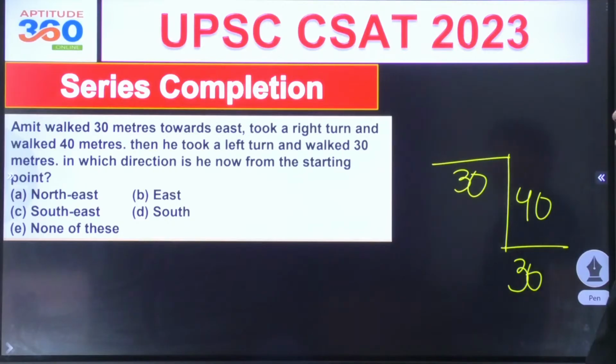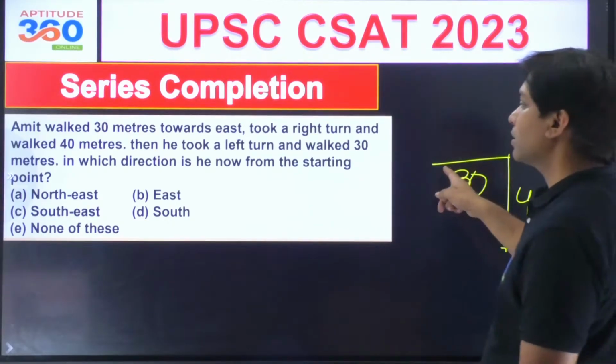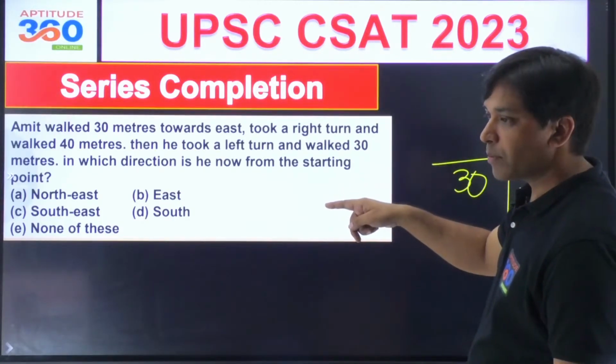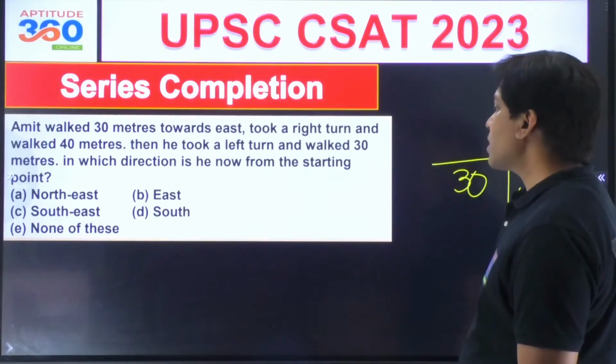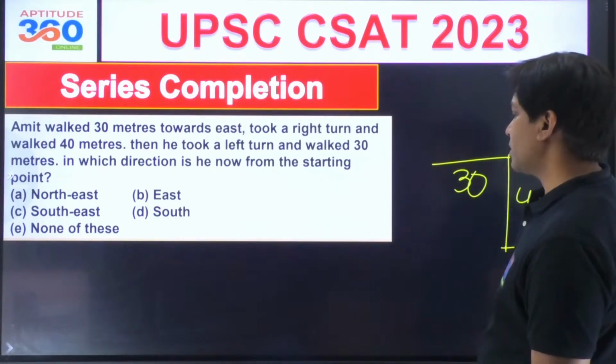Amit walks 30 meters and took a right turn. Is everybody getting the southeast? In which direction is he now from the starting point?